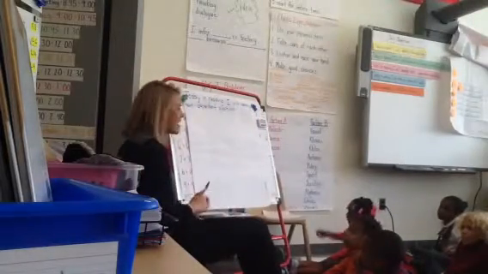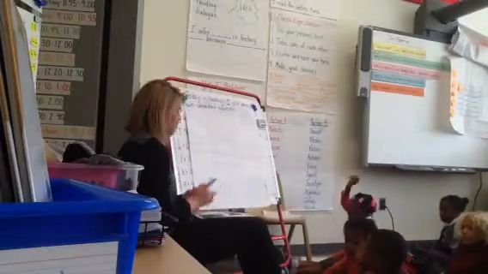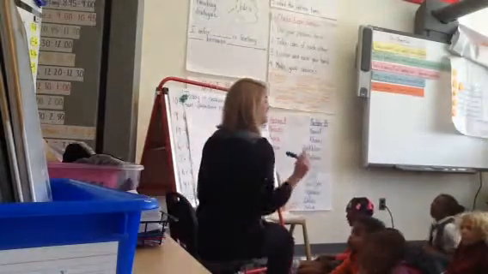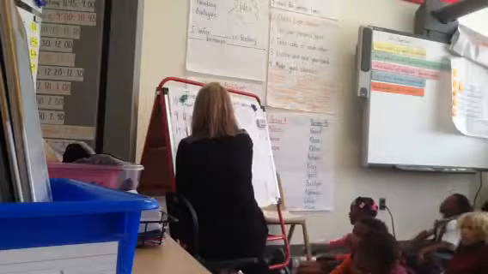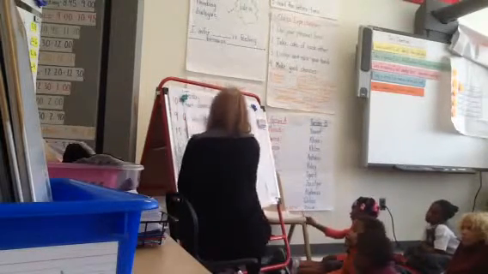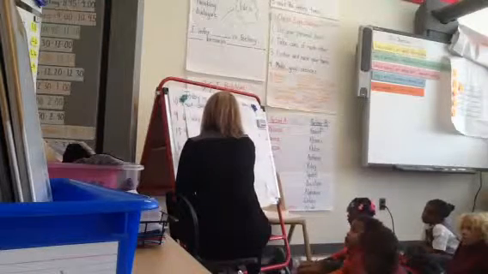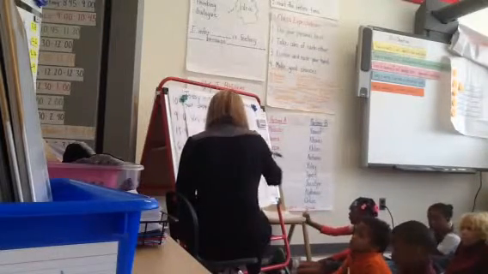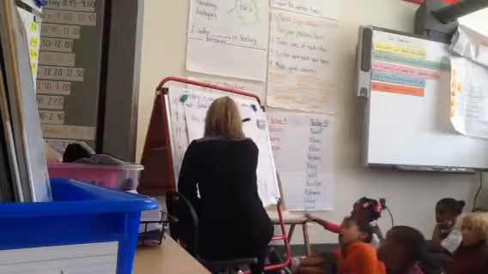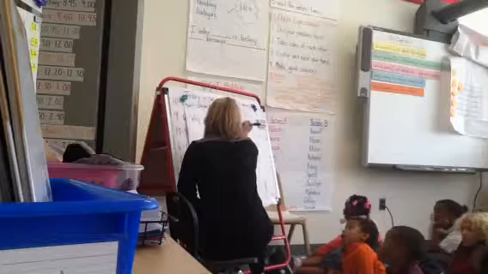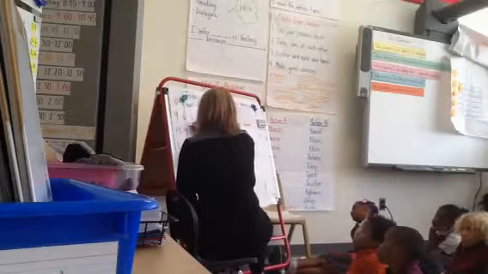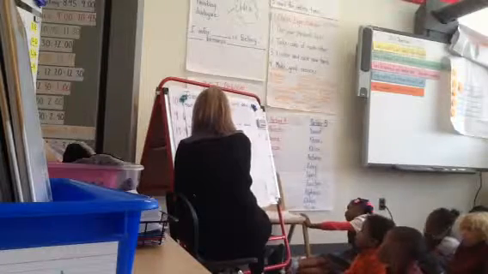I'm going to model right now. I already have a text-dependent question. Watch how I model. I'm going to start my sentence with a capital letter. Why does the fennec fox have big ears?